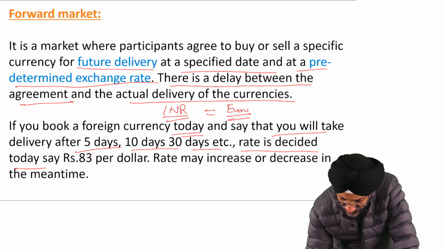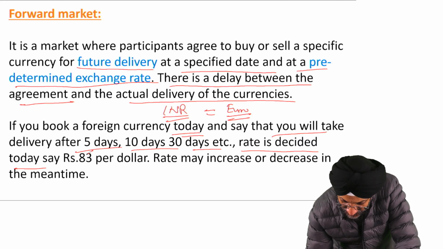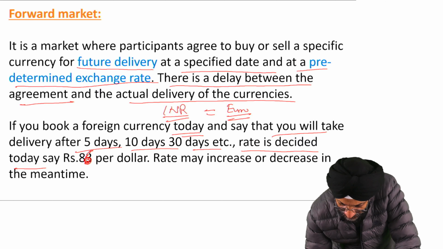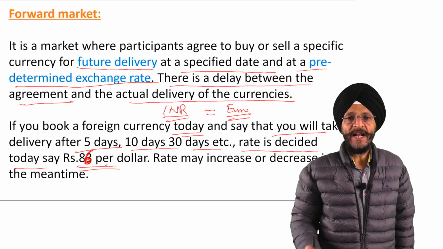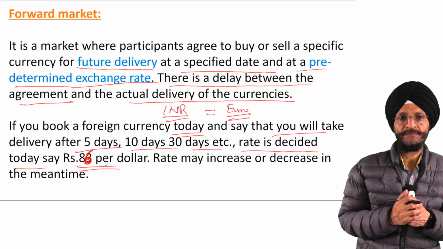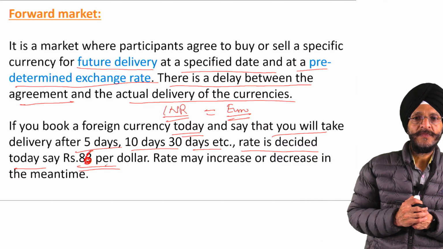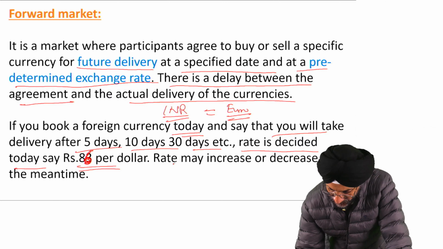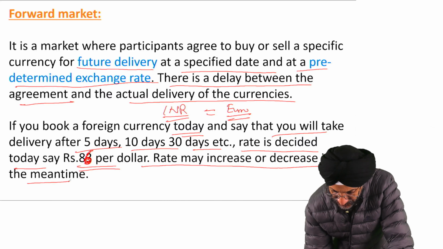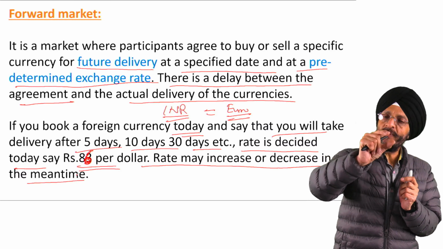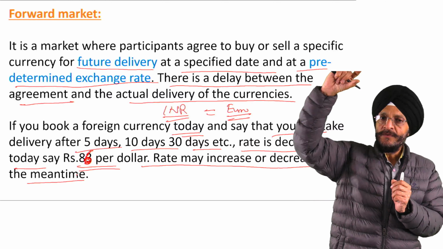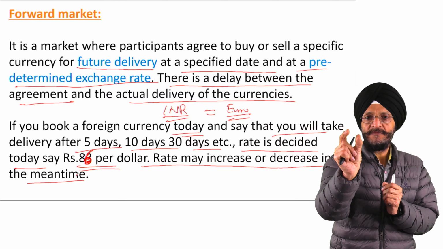That is, we can say that in future, after say 6 months, I will purchase US dollars at 86 per dollar. The rate may increase or decrease in the forward market. We have agreed that we will purchase the other currency at this price.